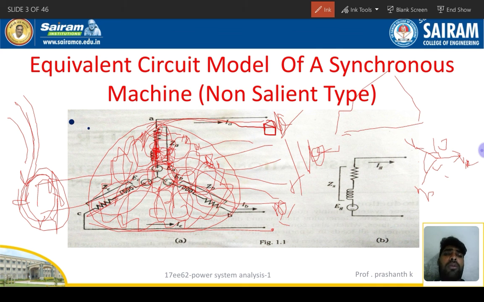But when transmitting power from the power plant to the substation, we also transmit HVDC, right? There we use a rectifier and inverter in between. That is also possible, but we always concentrate on the power system component, the synchronous generator, on the generation side. On the transmission side we have the T model and then pi models.